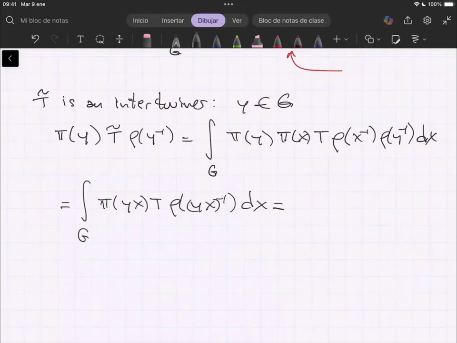So this gives us the same as the integral of pi of x T rho of x minus 1. So this one is T tilde, okay?